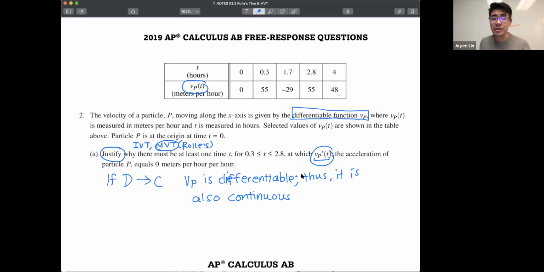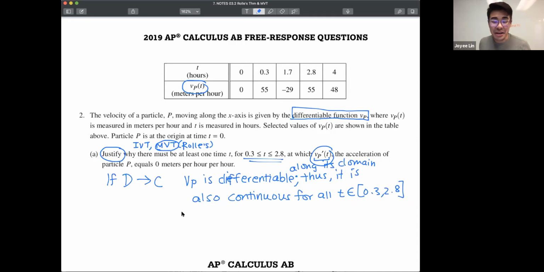So v is differentiable. Does it say for all real numbers? It doesn't, but I think you can just see this. This is differentiable along its domain. Thus, it is also continuous for all t. And I'm going to bring back that trident type thingy, right? t in 0.3 to 2.8.